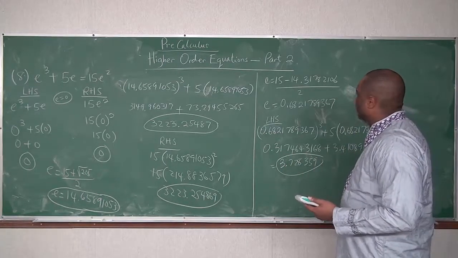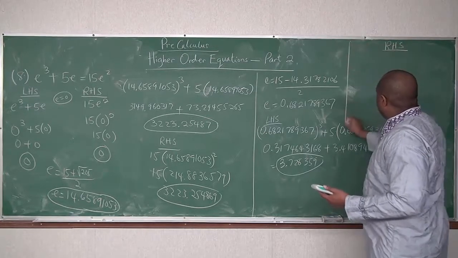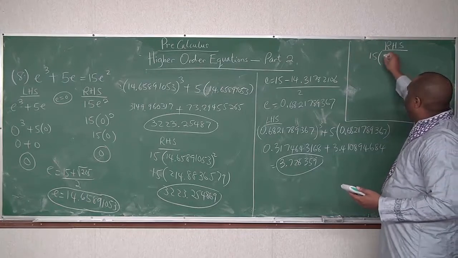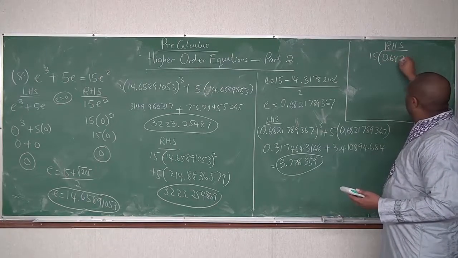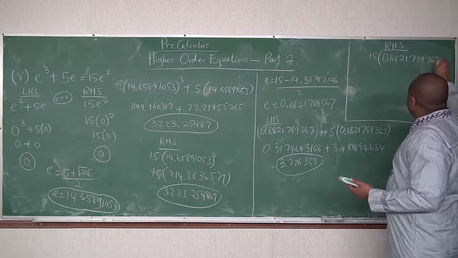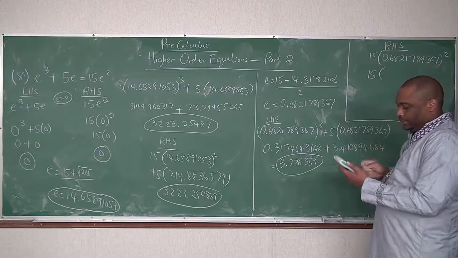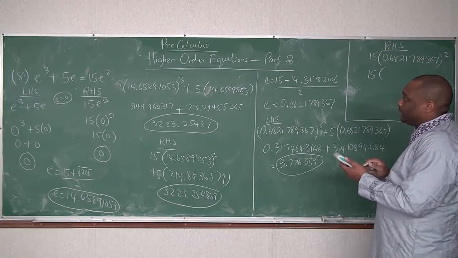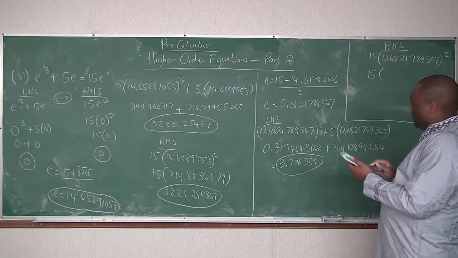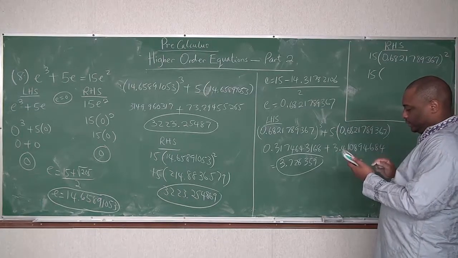Let's do the right hand side here. 15 times 0.6821789367 squared. So that's 15 times 0.6821789367 squared.